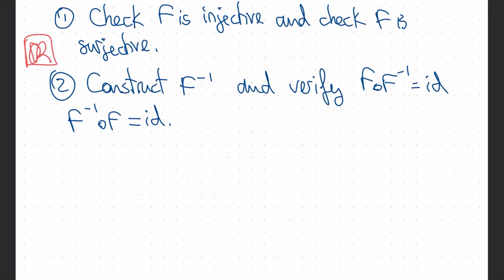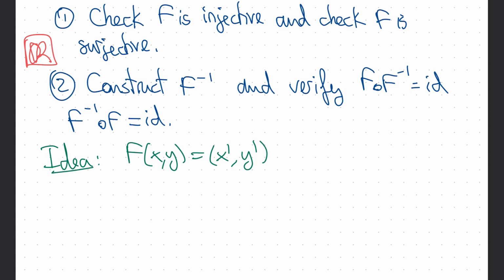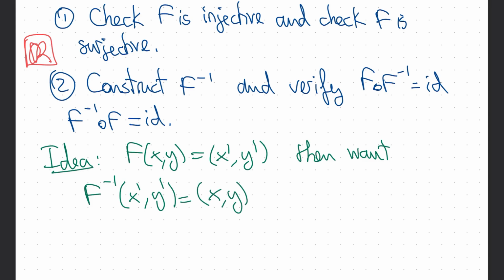Okay, so let's go ahead and construct this. The idea of how we do this is we say f of (x, y) is the point, let's say, (x prime, y prime). Then we want f inverse of (x prime, y prime) equals (x, y). That looks silly worded like that, but let's go ahead and figure out what this means.